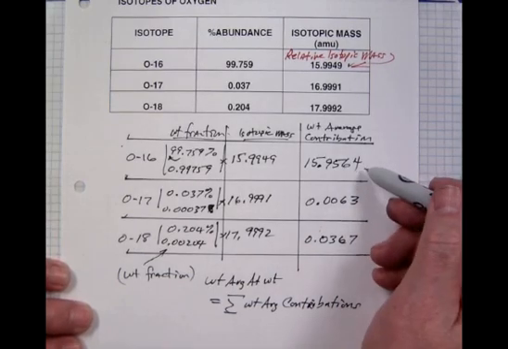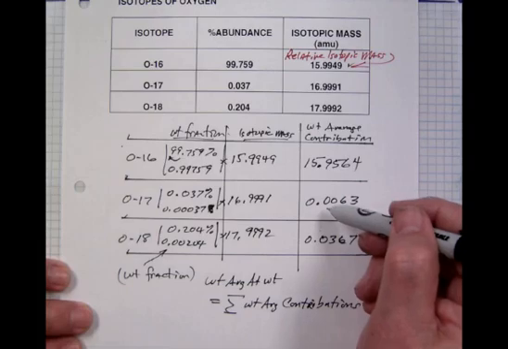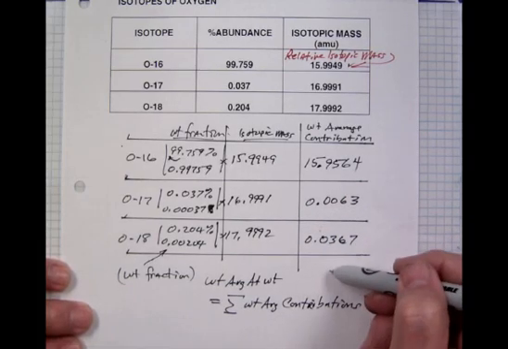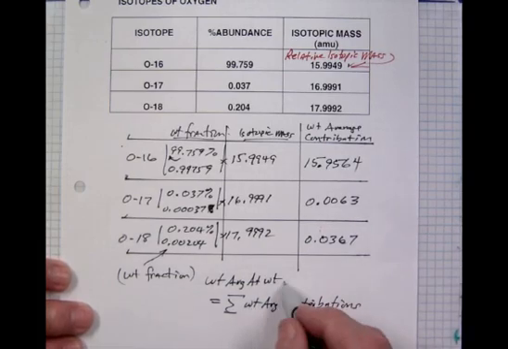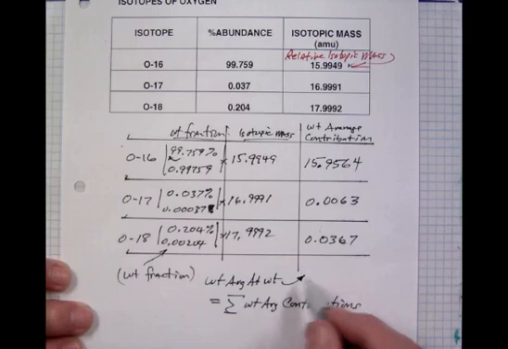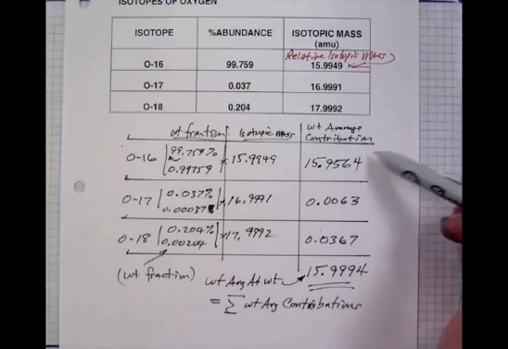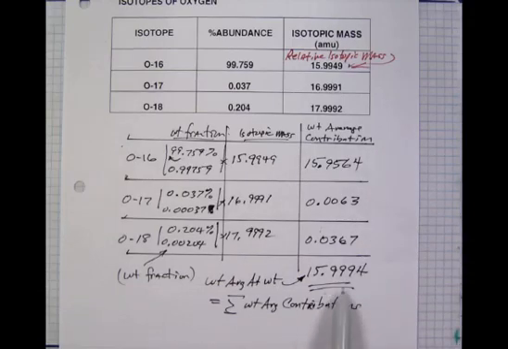In other words, we will add 15.9564, 0.00363 and 0.0367 and get a number right here, which will be that weight average contribution. Okay, the sum of these numbers is 15.9994.